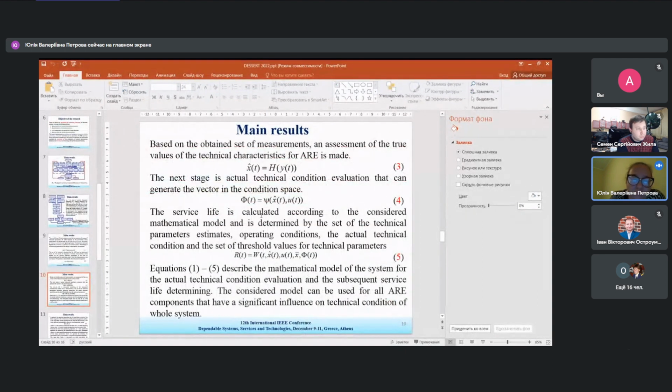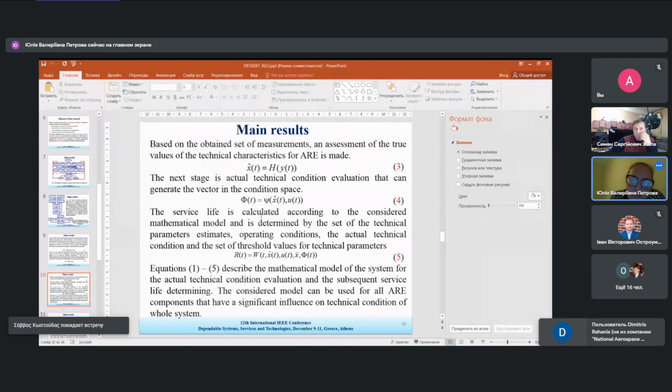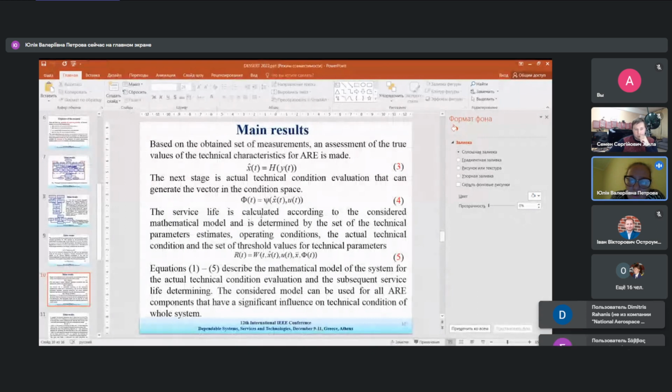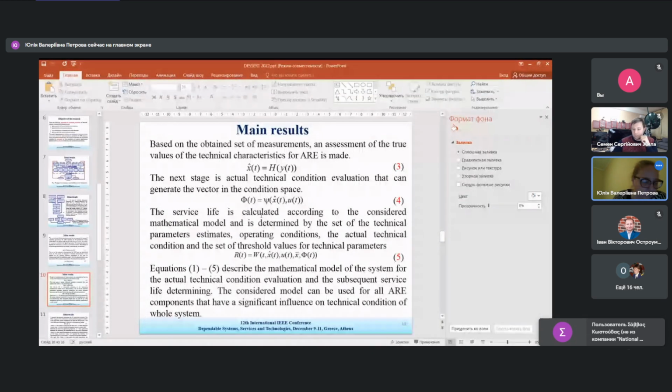Equations 1 and 5 describe the mathematical model of the system for the actual technical condition evaluation and the subsequent service life determining. The considered model can be used for all aviation radio equipment components that have a significant influence on the technical condition of the whole system.